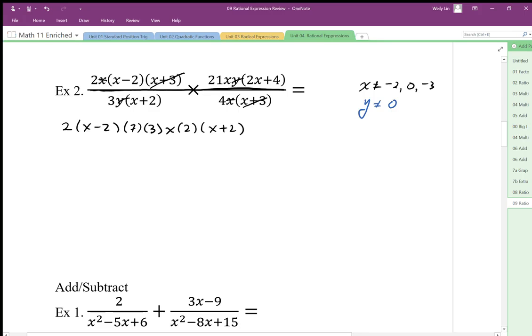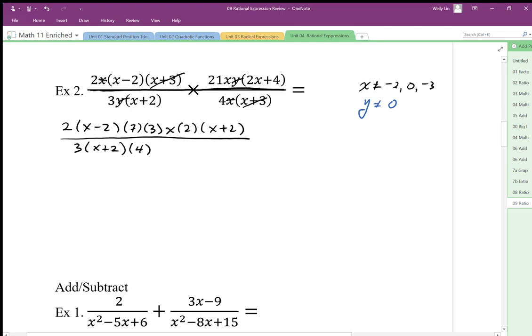Okay, so keeping track of that, so now I have a 3 here, x plus 2. Okay, it looks like that's going to cancel. And again, everything is connected by multiplication, so all these pieces represent factors. And it looks like everything else is canceled out so far on the top.